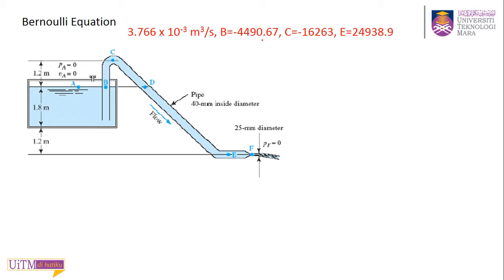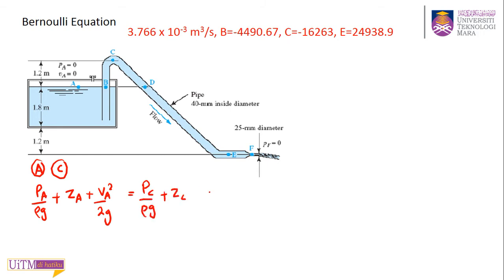And for C, again you need to take point A to compare with C and write your Bernoulli equation like before. PA over rho G plus ZA plus VA squared over 2G equals PC over rho G plus ZC plus VC squared over 2G.